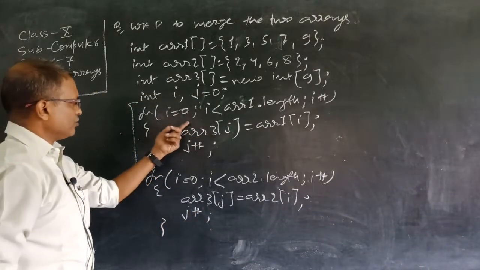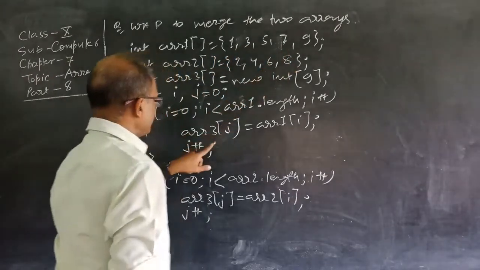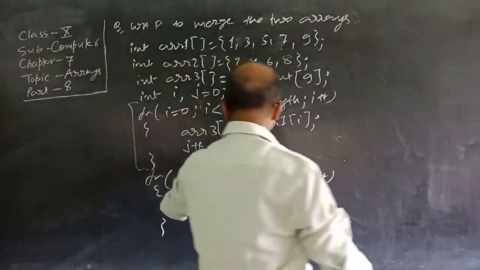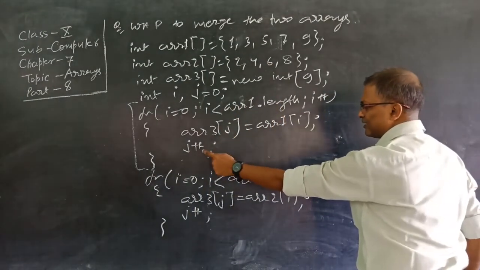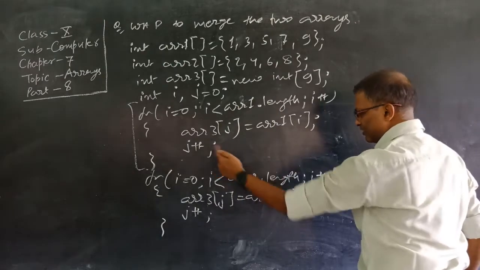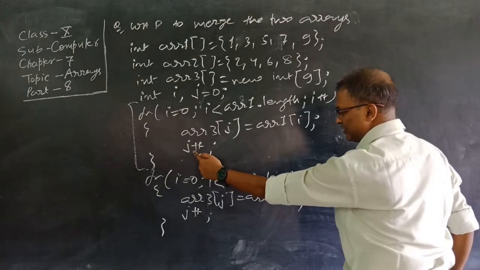Okay, because suppose first array has 5 elements, so fifth element will be stored at fourth position of third array, and after that the j will be incremented to 5, so definitely the first element of second array will be stored at fifth position, that has been already incremented.